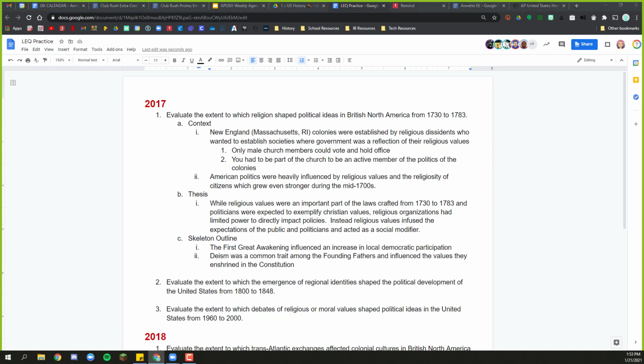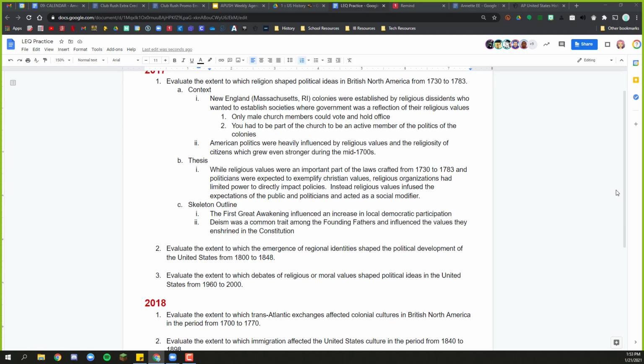I just couldn't think of a way quickly to summarize that idea in my head. So sometimes the skeleton outline is much shorter, where it's only a couple words. But this is a fairly complex topic. In fact, a lot of students didn't pick this one that year because it was really complex. So no, they don't have to be that long.